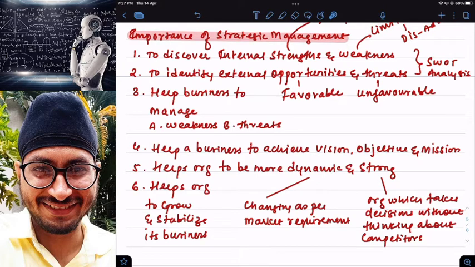A company which changes as per the requirements of market, like customer taste and preferences, is dynamic. A company which is able to take a decision without thinking about competitors is a strong company. Plus, it will ensure that my business slowly grows, expands, and stabilizes as an organization. I hope this concept is clear. Anyone has any doubts here?